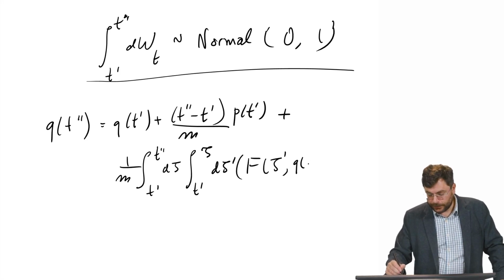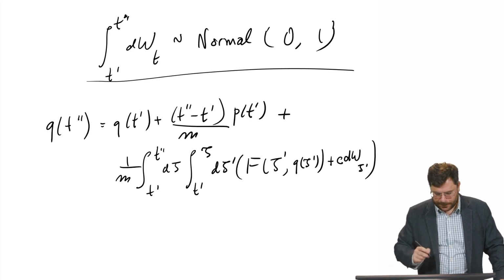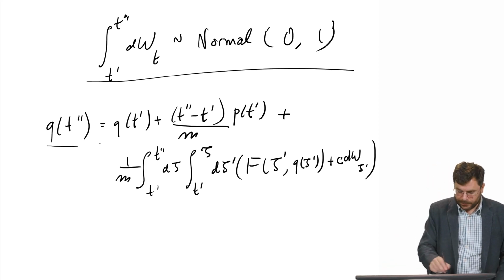In general, this is going to be a q of tau prime if it's a position-dependent force. And then plus c dW of tau prime. That's for the position.